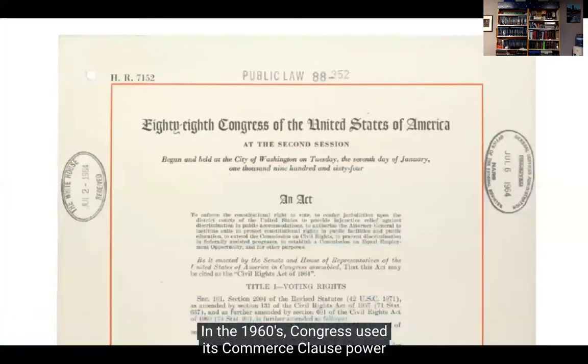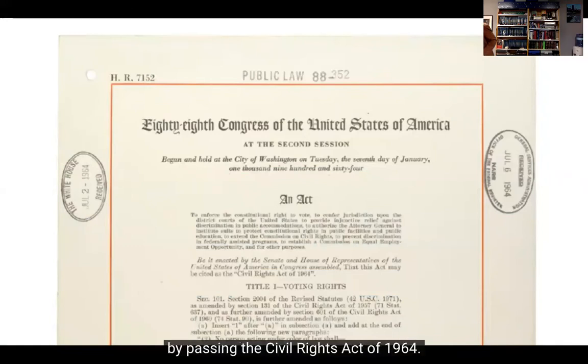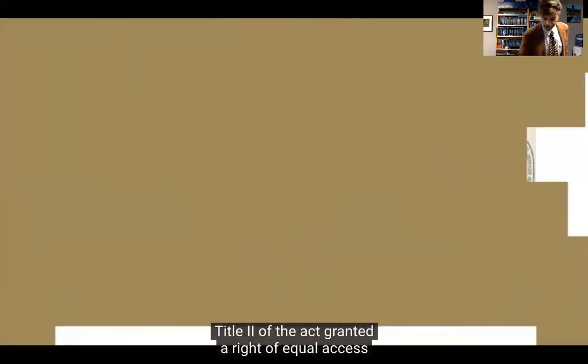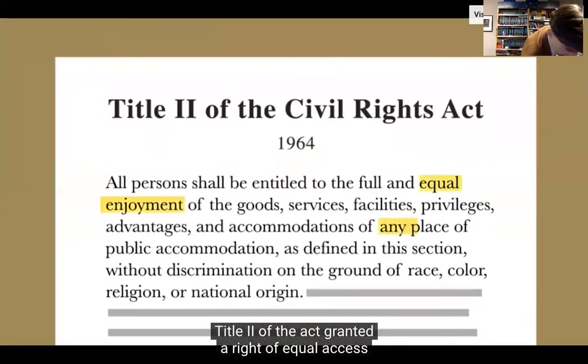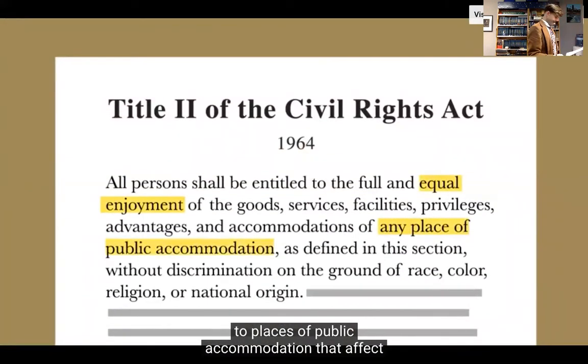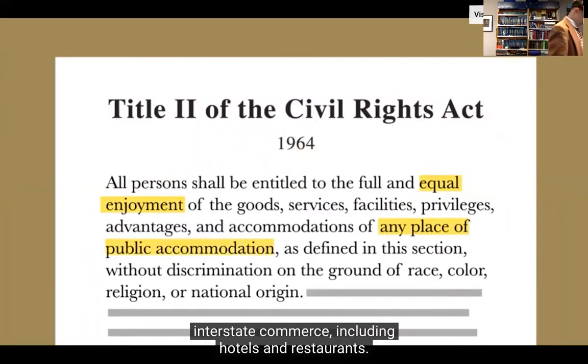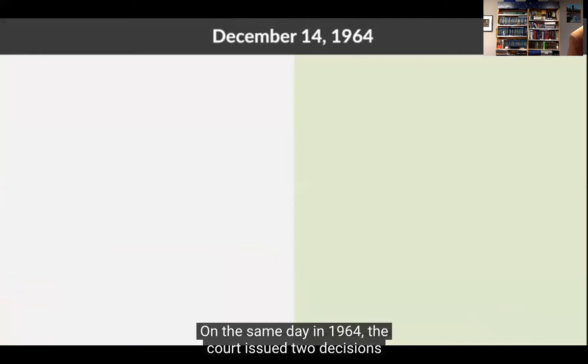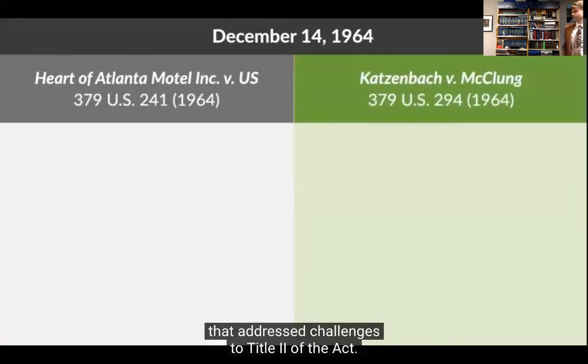In the 1960s, Congress used its Commerce Clause power to combat racial discrimination by passing the Civil Rights Act of 1964. Congress passed the act to prevent discrimination on the basis of race, sex, religion, or national origin. Title II of the Act granted a right of equal access to places of public accommodation that affect interstate commerce, including hotels and restaurants.